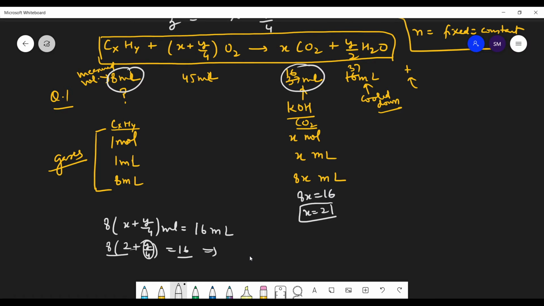So there might be some problem with this question. So let's do the question based on you. You have at least got the steps. Let's do a question from a previous year paper.